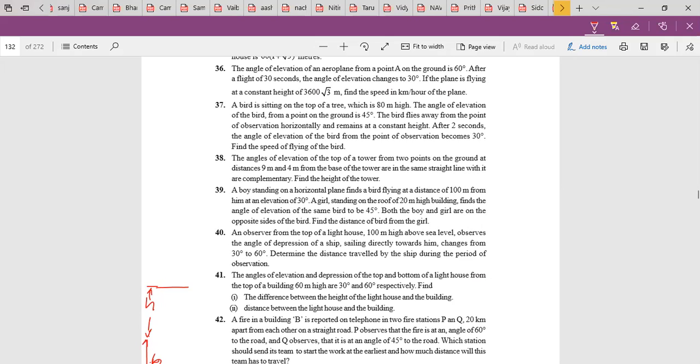Ma'am, 30 centimeters is 58.45 kilometers per hour. No, oh, 9.28.